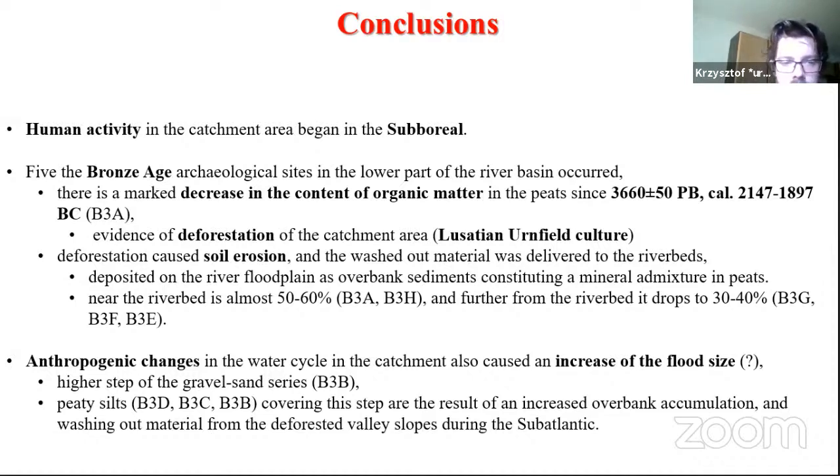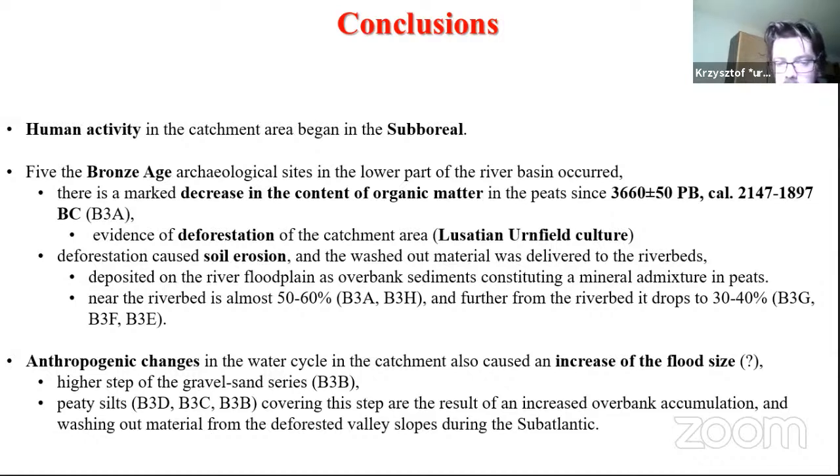There is a marked decrease in the content of organic matter in the peat since 3066 BP, evidence of deforestation of the catchment, probably by the Lusatian culture.